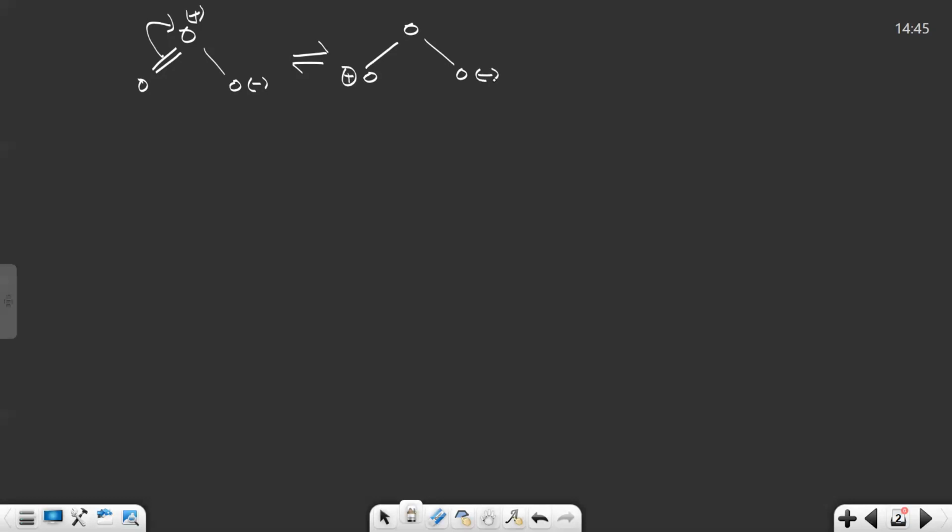Now consider the mechanism. This ozone with one positive charge and one negative charge, when it reacts with CH2 double bond CH2, this pi electron pair will be given to this oxygen. At the same time, this will come down here. Then you will get CH2 single bond CH2. The pi bond is now used to make a bond with this oxygen.